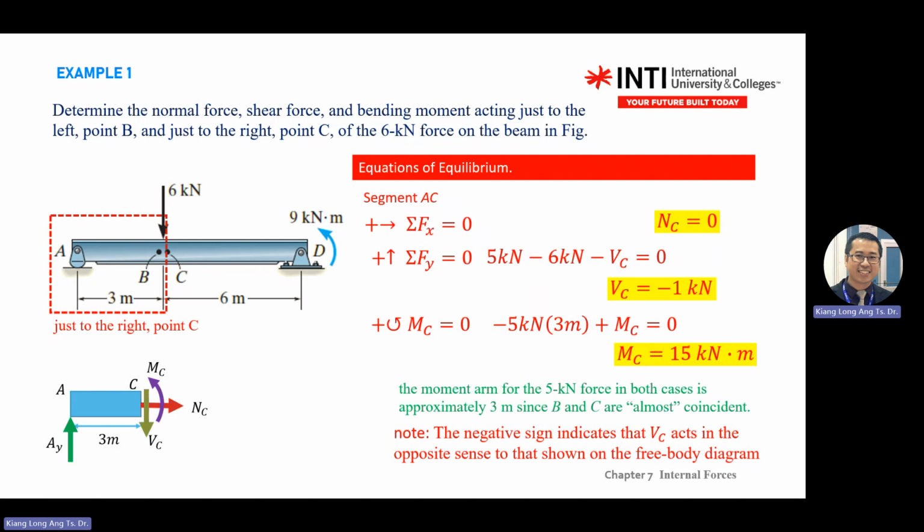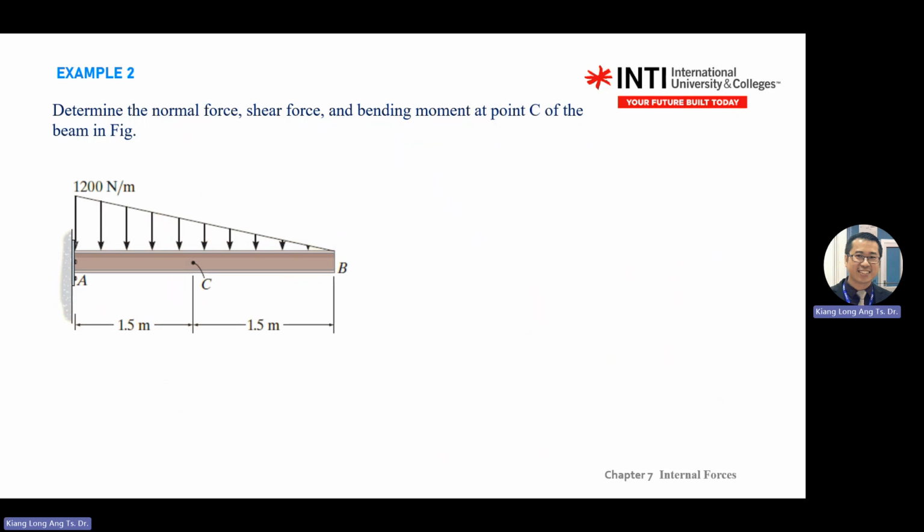The rest you read. Now I think the more challenging part is when you see the distributed load. I already explained there's an appendix to check. Every time you see a triangular distributed load, important is always one-third from the base.